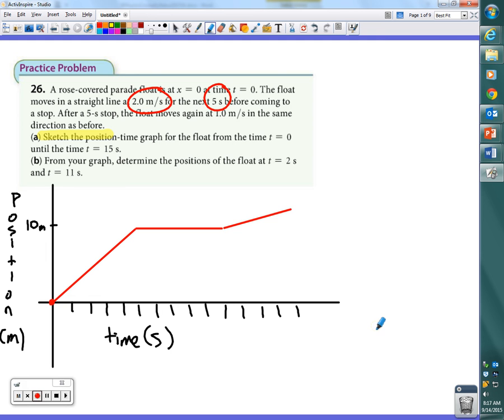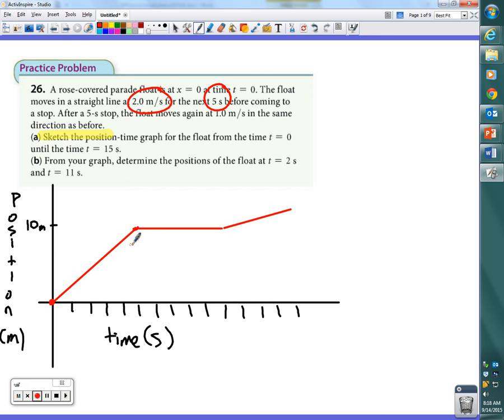Okay? Starting off, moves in a straight line 2 meters per second for the next 5 seconds. So that means that it's going to steadily climb by 2 meters on position for every 1 second that goes by. I tried to make mine hit the key points that it's supposed to.